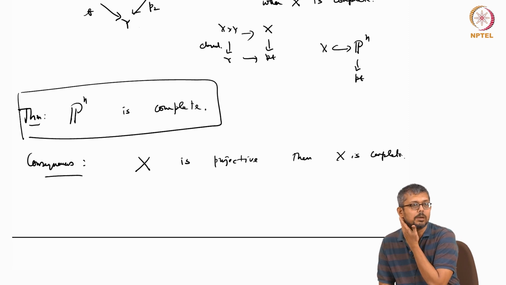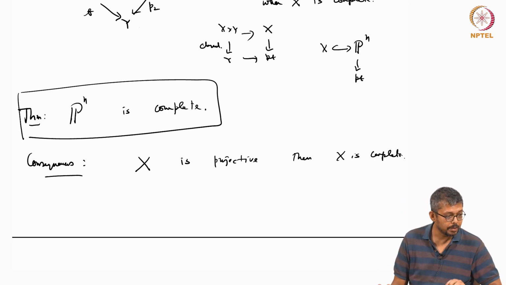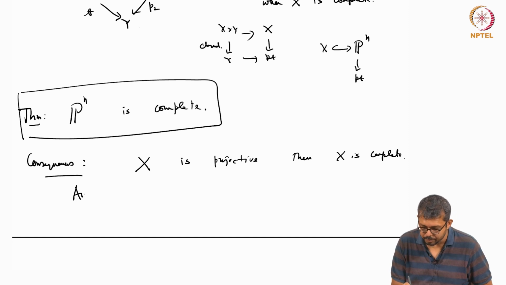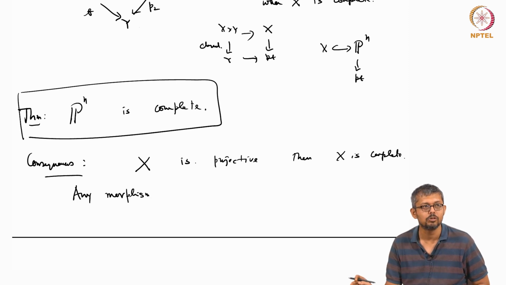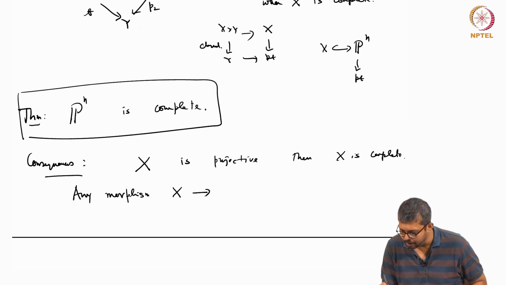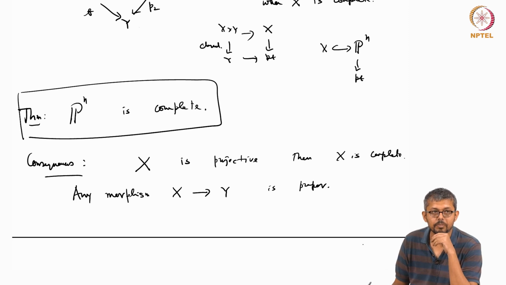So that means closed subsets of complete projective spaces are complete. And also any morphism, that is just because we saw right now that if X is a complete variety, then any morphism X to Y is proper. No, no, Y is anything.